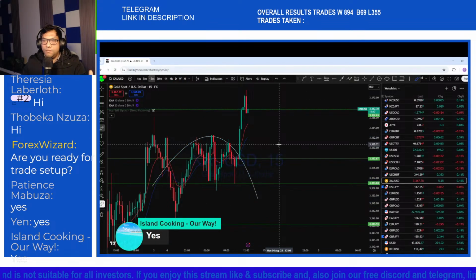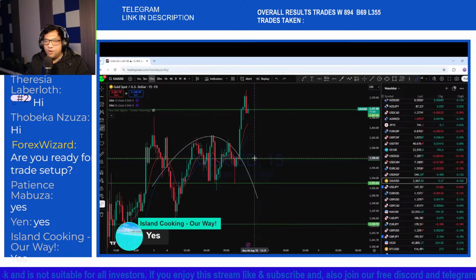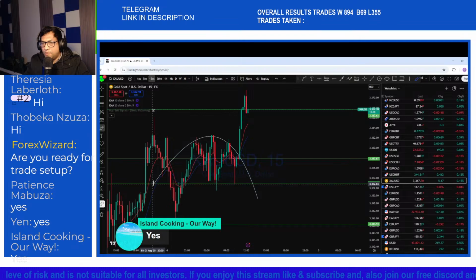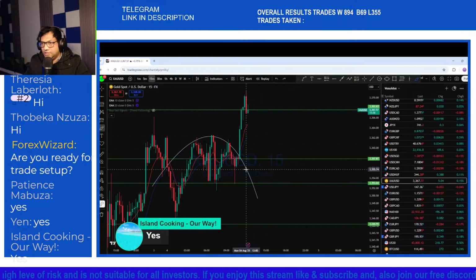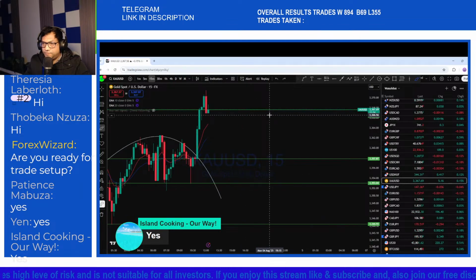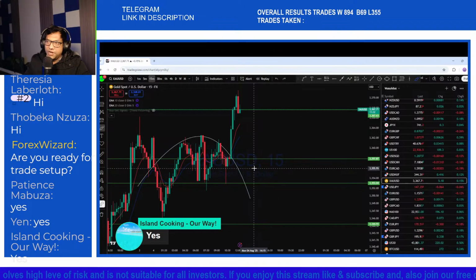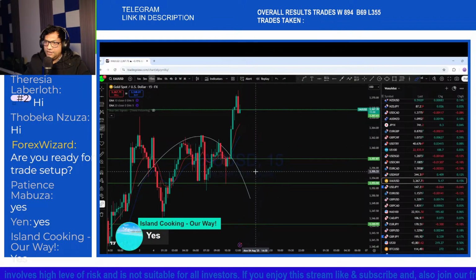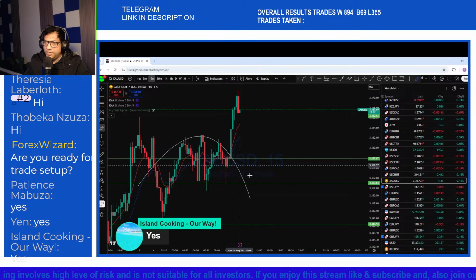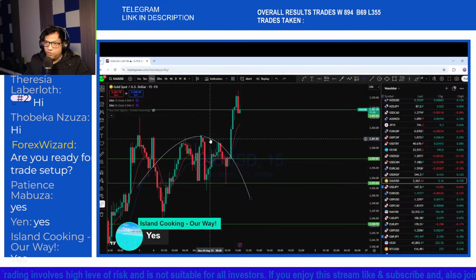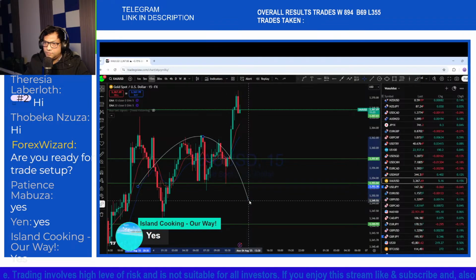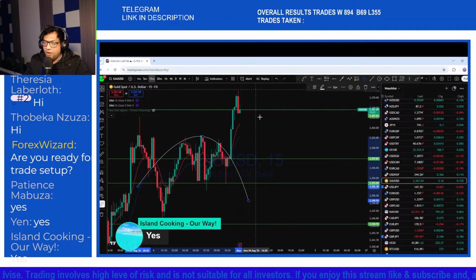It's kind of a hill pattern, I would say, where the market created that pattern and then broke out from it. And you can see it's a complete breakout from this structure.